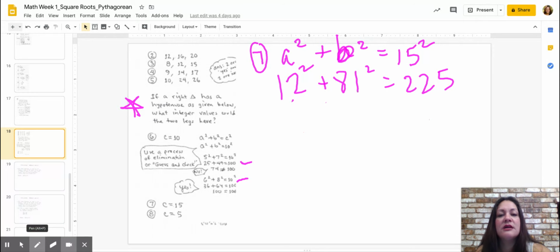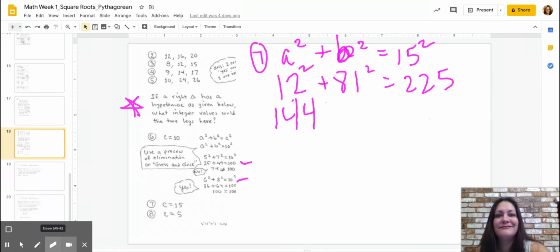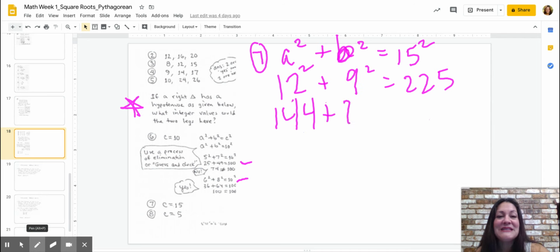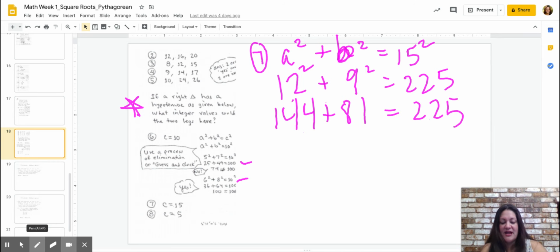Okay, so 144. Oh, and I meant to write 9, there we go. It's fine, just erase it. 144 plus 81, does it equal 225? 144 plus 81, it does.